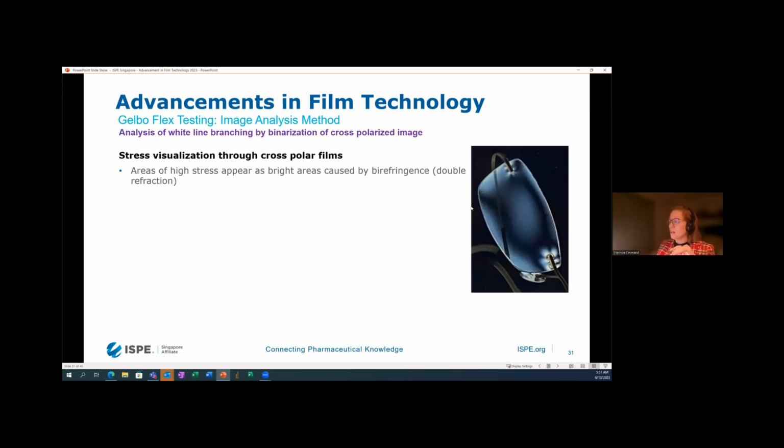And so you can see with my glasses here that the background is black, and that's because the two films are laying over each other, and it's black. Where it's light is actually where something called birefringence happens. So you can see the image come through because the light is being bent, and you're able to see the light.